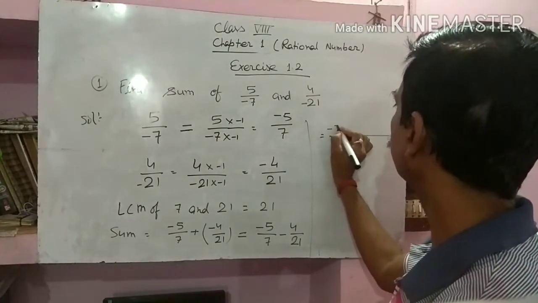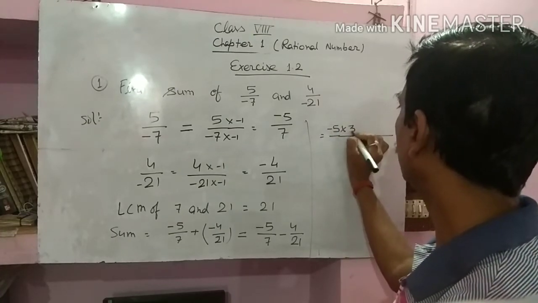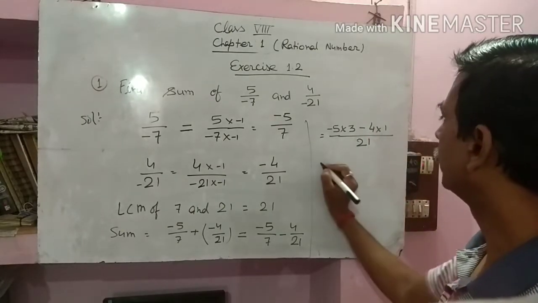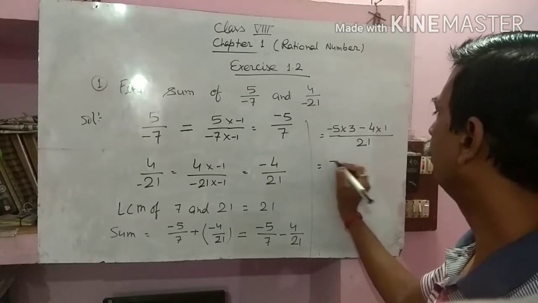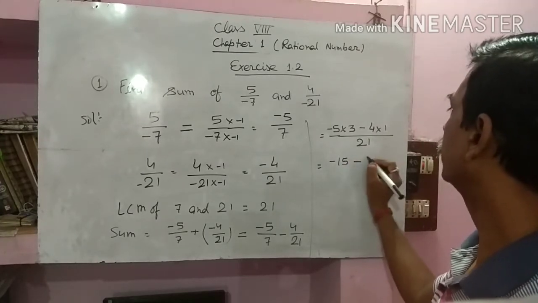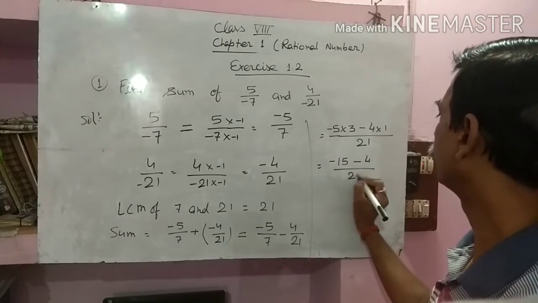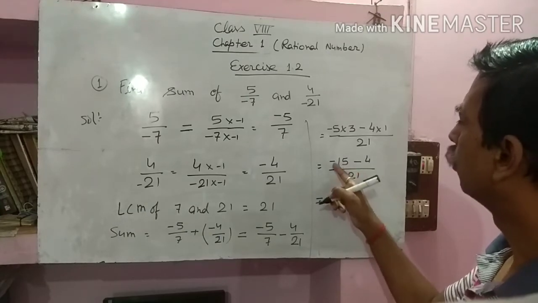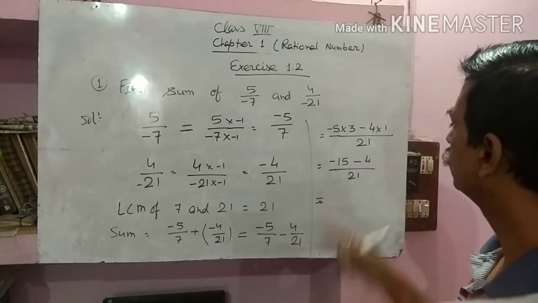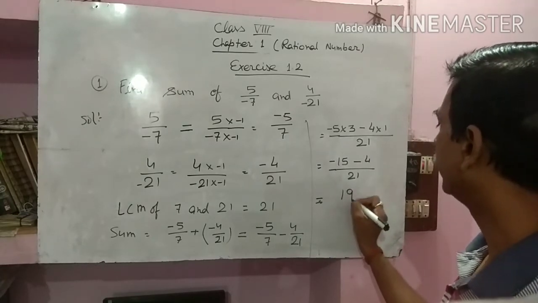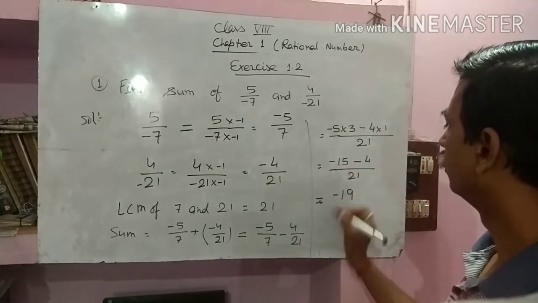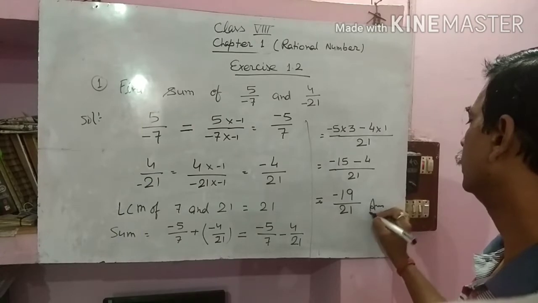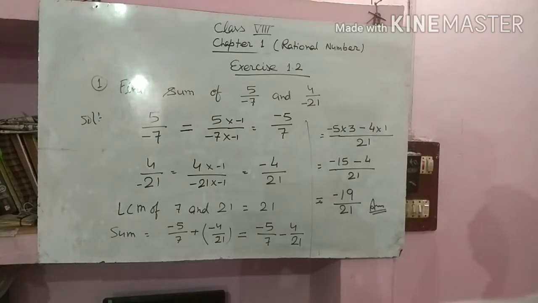So it becomes minus 5 into 3, 7 threes are 21, minus 4 into 1, 21 ones are 21. So it becomes minus 15 minus 4 by 21. As we discussed, the same signs are added. Both have negative signs, so these two numbers are added. It becomes 19, with the sign of the larger one, which is minus. So it becomes minus 19 by 21. This is the answer. Pause the screen and write it.